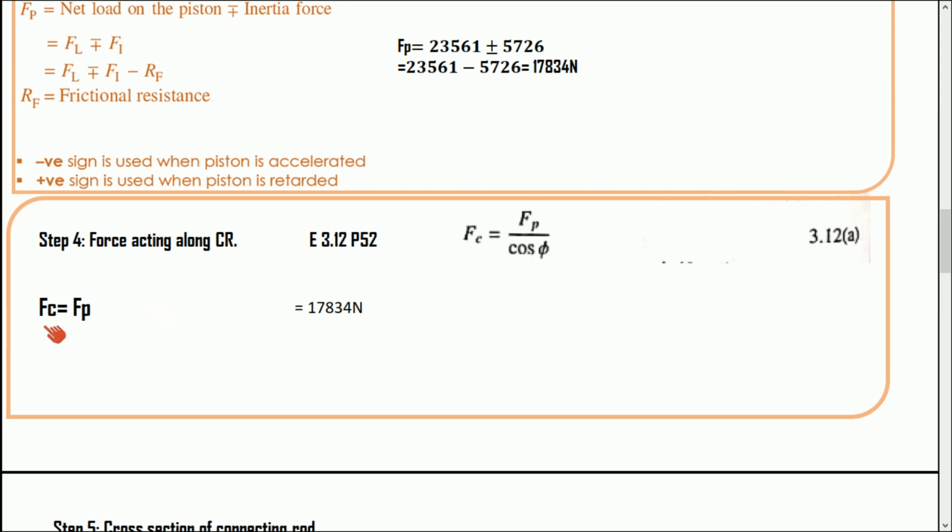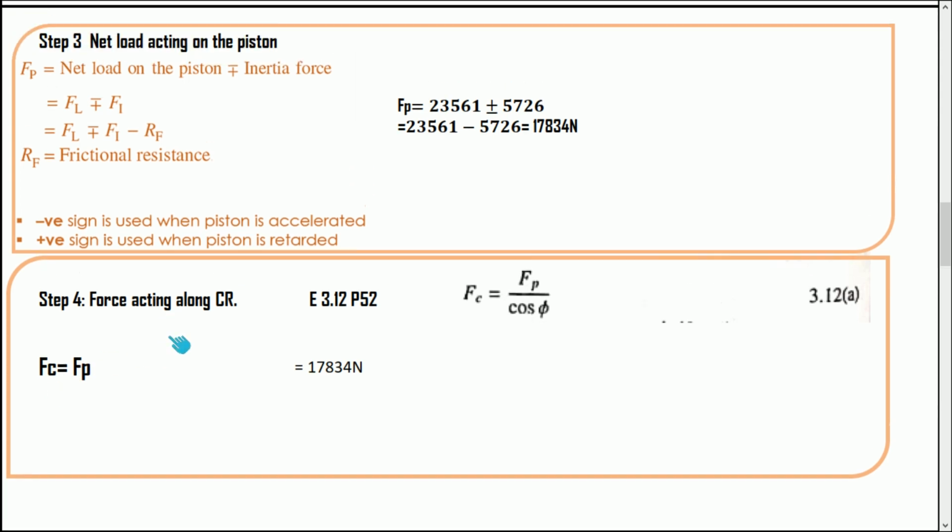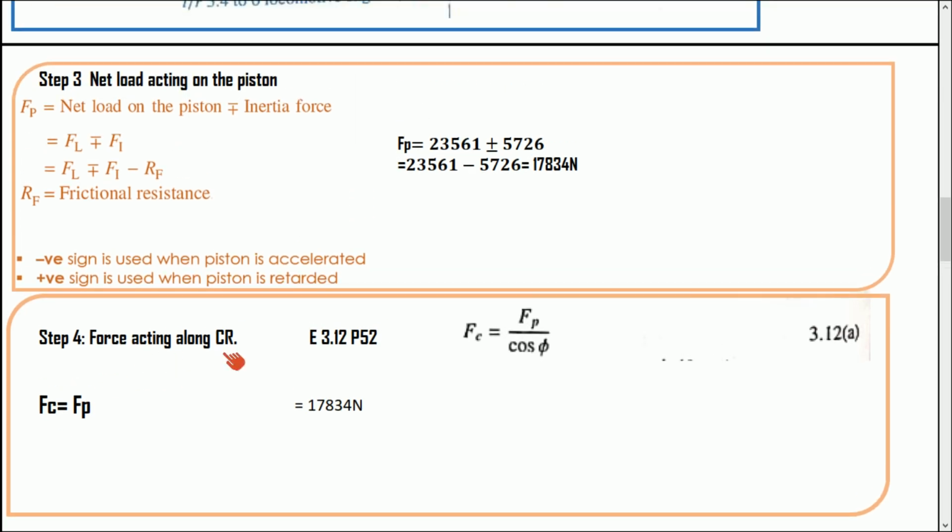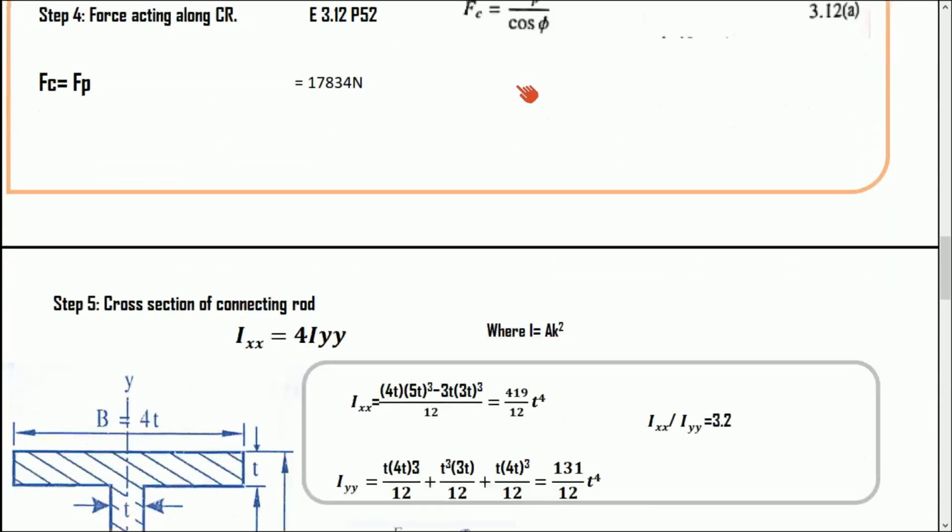But here for simplicity we are considering that the force acting on the connecting rod is equal to the net load acting on the piston, which is equal to 17,834 Newton. So we are considering that all the forces developed in the piston are transmitted to the connecting rod and thereby to the crank. That is the assumption that we make.